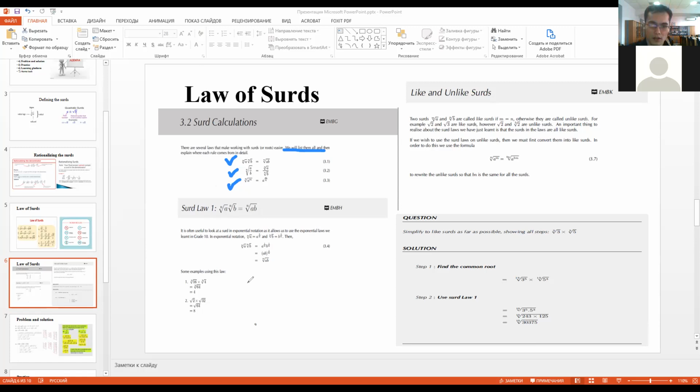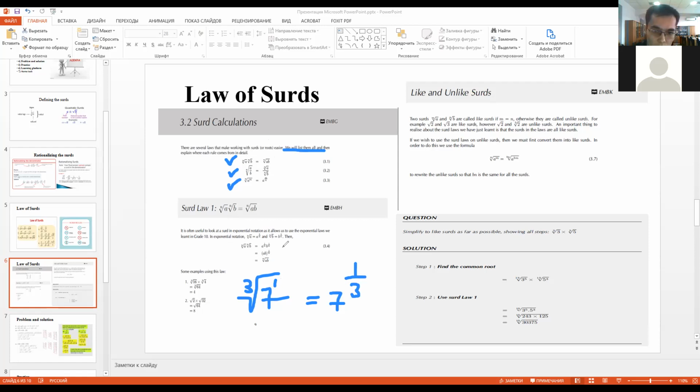For example, the 3 degree surd, under the root you have 7. You can express these surds as exponents. Here you have 1 divided by 3. Do you understand?